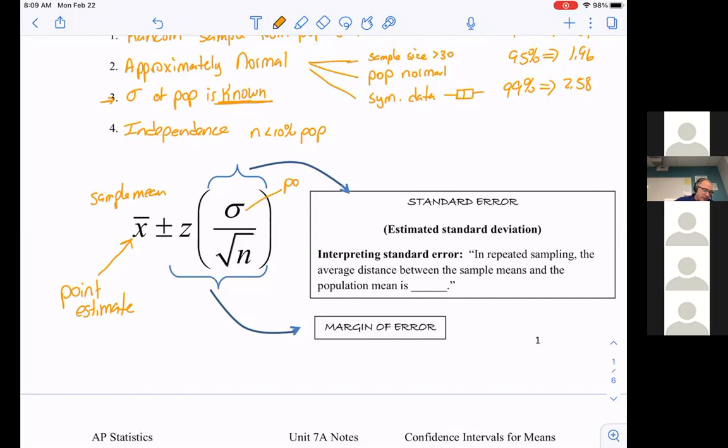This is my population standard deviation. And this is my sample size. And again, this is my critical value. So again, making sure that we talk through all the little things here.